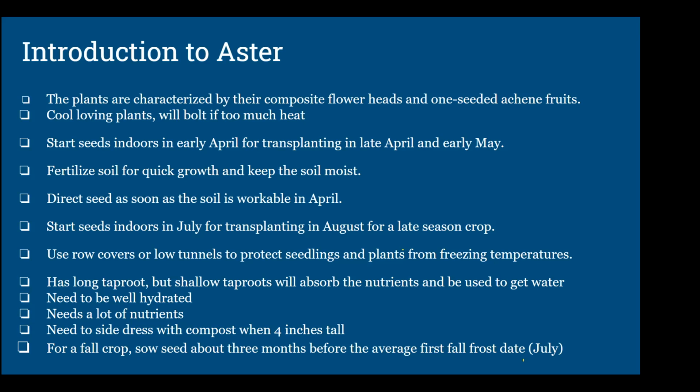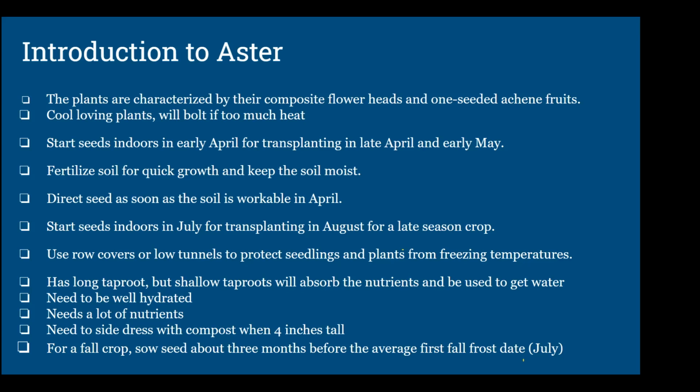Direct seed as soon as the soil is workable, and I would say in May, probably more so than April. Start seeds indoors in July for transplanting in August for a late season crop, if that's what you're interested in. And then you can use row covers or low tunnels to protect seedlings and plants from freezing temperatures if you do start them in the spring.